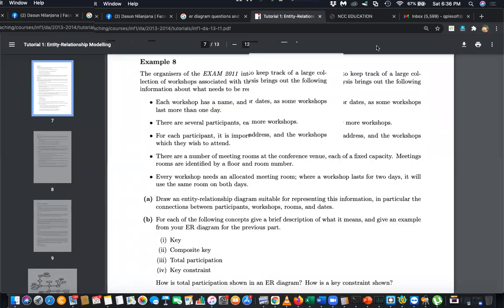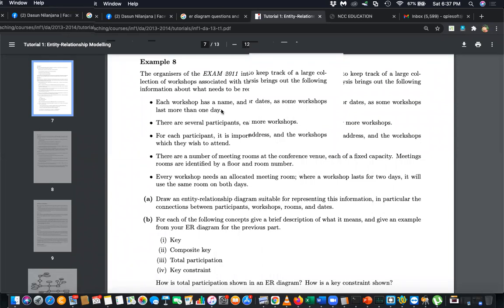Right? They are talking about the International Multi-Conference 2011, and it has large workshops. Initial requirement analysis brings out the following information. Each workshop has a name and happens on a particular date or dates, as some workshops last more than 1 day.